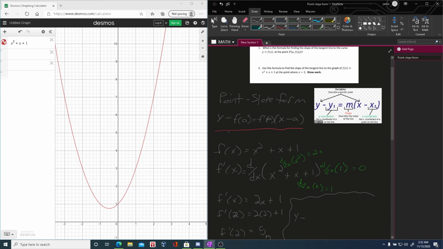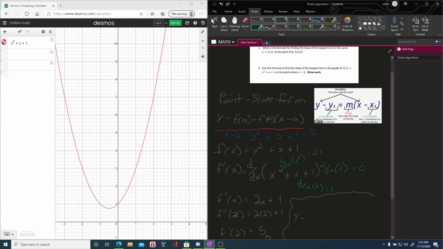It gave us x equals 2, so we can plug that in and say 2 squared plus 2 plus 1, well, that equals 7.